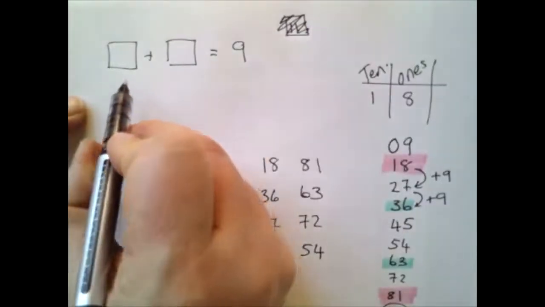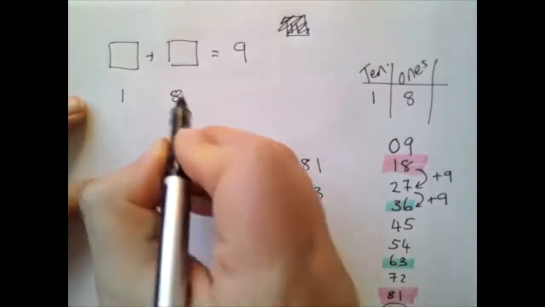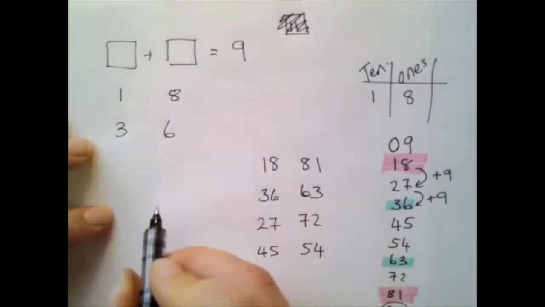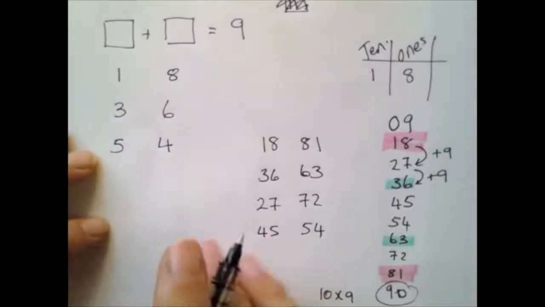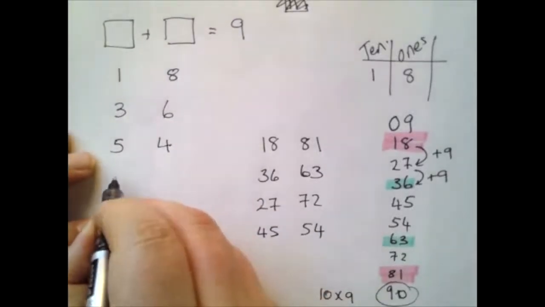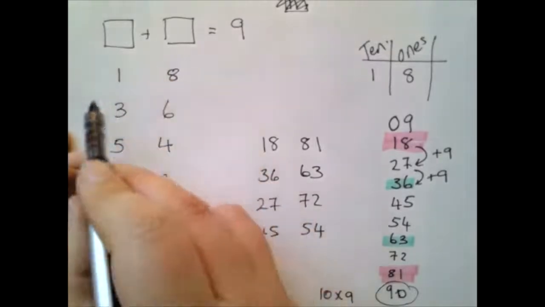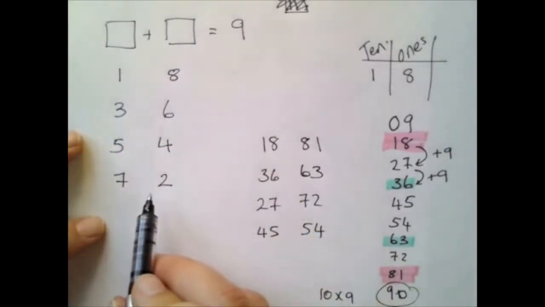Okay, so numbers that I know that add up to 9 are like 1 and 8 add up to 9. Maybe 3 and 6, maybe 5 and 4, and 7 and 2. These numbers, if we added them together, make 9.